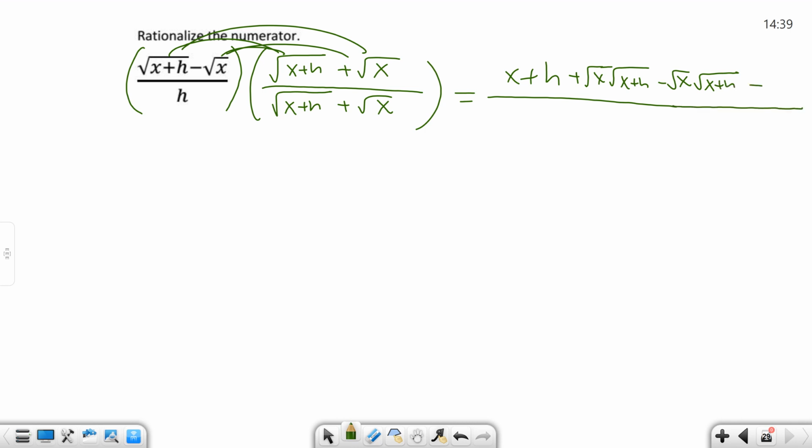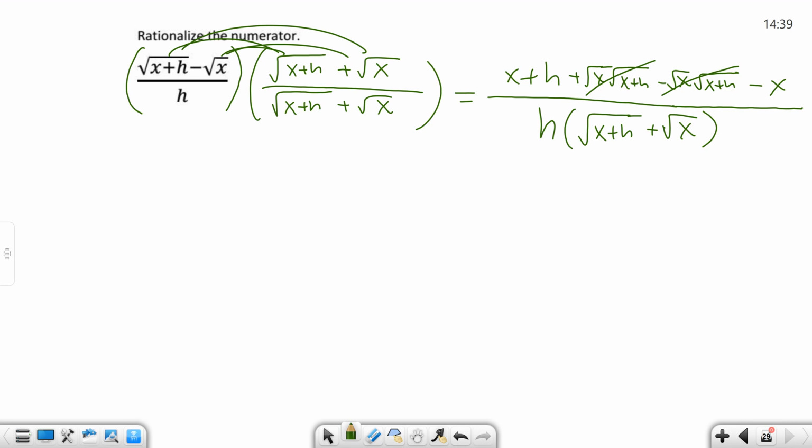And then a minus times a plus, the square root of x times the square root of x, so that's going to be minus x there. And this and this cancel, right? Again, we know that because we did a conjugate. Over, I'm going to leave it, h times the square root of x plus h plus the square root of x, okay?